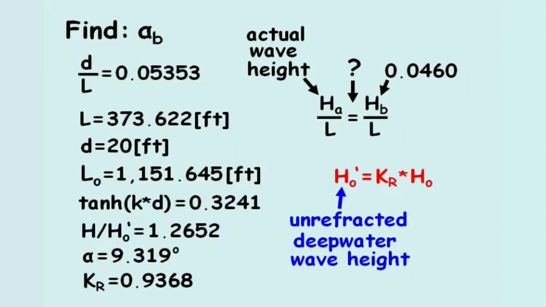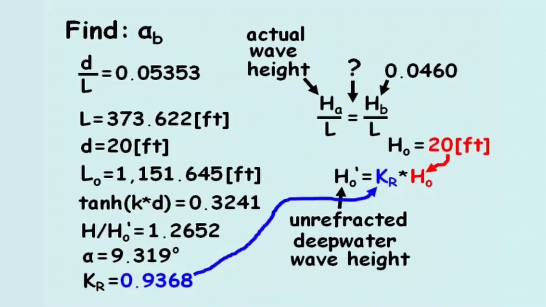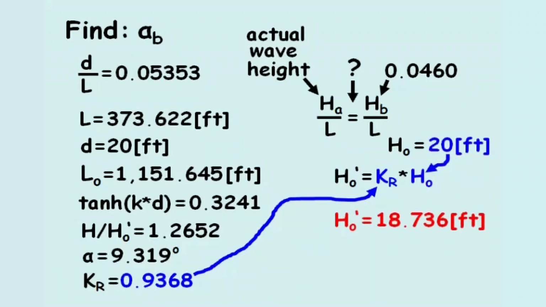After that, we'll compute the unrefracted deep water wave height, h0 prime, by multiplying the refraction coefficient by the deep water wave height. We just computed the refraction coefficient, Kr, and the problem statement provides the deep water wave height as 20 feet. This makes the unrefracted deep water wave height equal to 18.736 feet.